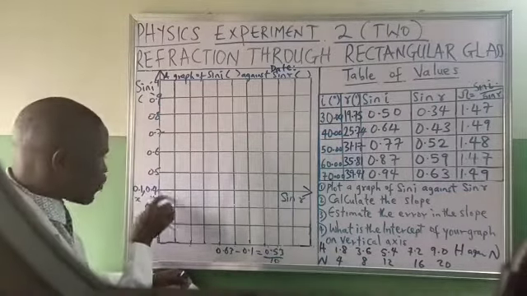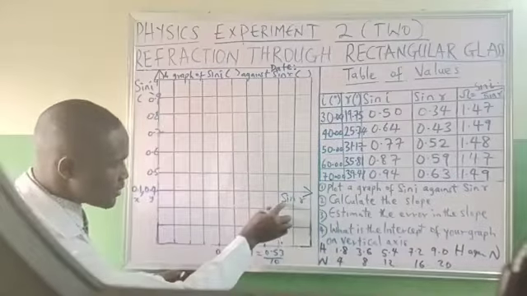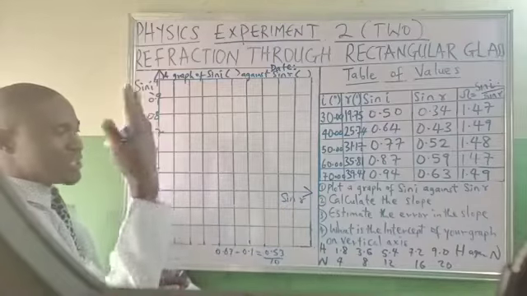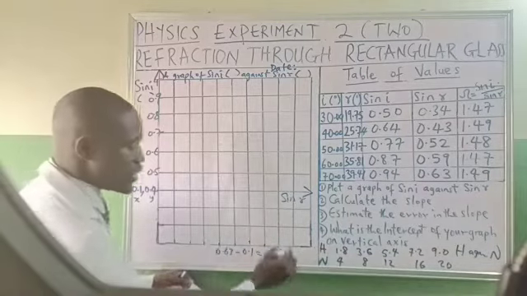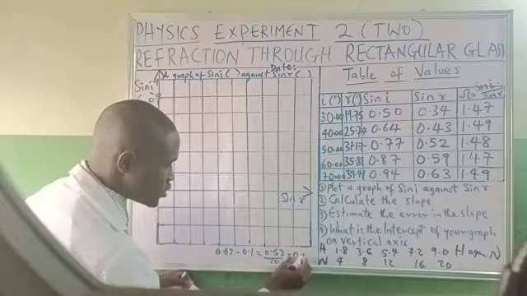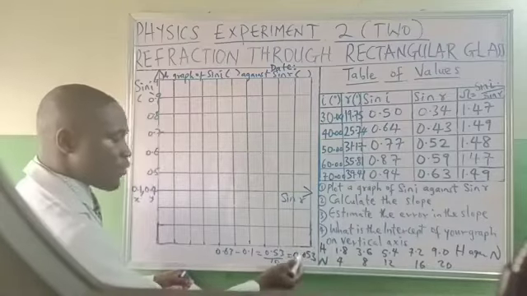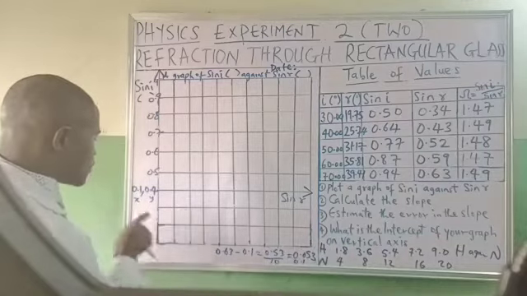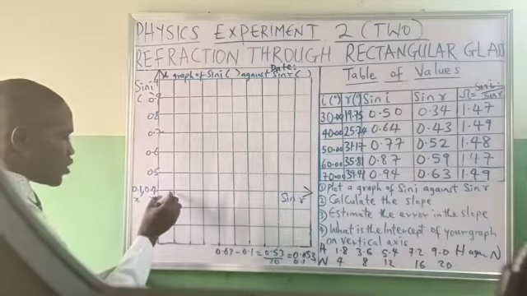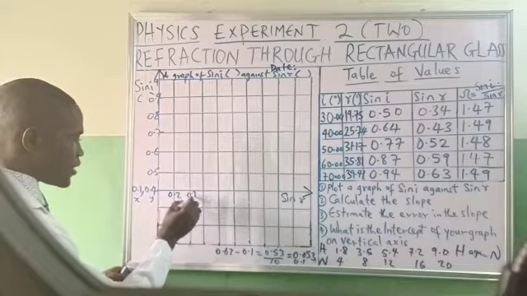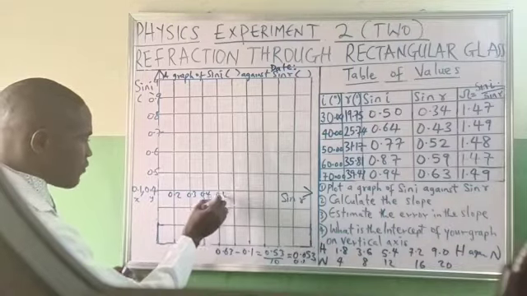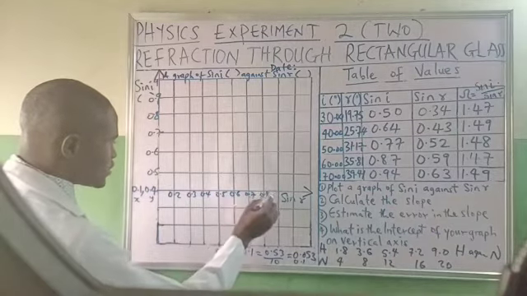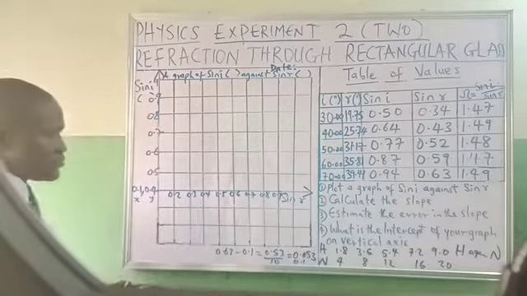We have 10 boxes, 1, 2, 3, 4, 5, 6, 7, 8, 9, 10. So I am using 10 because I want to use 10. That will be giving me 0.053, approximately 0.1. That means the interval I will have is 0.1. 0.1 plus 0.1, 0.2, 0.3, 0.4, 0.5, 0.6, 0.7, 0.8, 0.9.